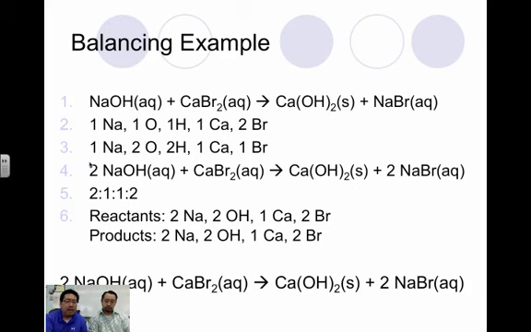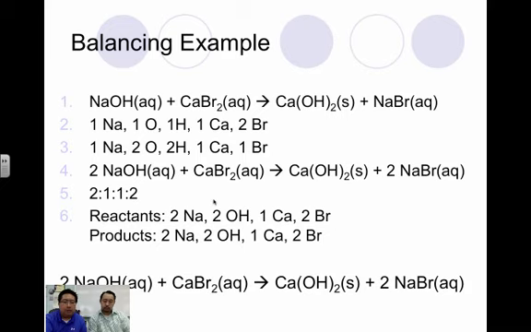Right. Okay. If we go back, and now that we have the 2 to 1 to 1 to 2 ratio, we can go back and double check our work. So we have 2 sodiums and 2 sodiums. A lot of times with the polyatomic ions, they're not going to break apart. So instead of counting O's and H's individually, sometimes it's easier to count the polyatomic ion as one unit. So now what I've done is, instead of doing O's and H's separately, I've made OH, hydroxide, one of the polyatomic ions, one thing.